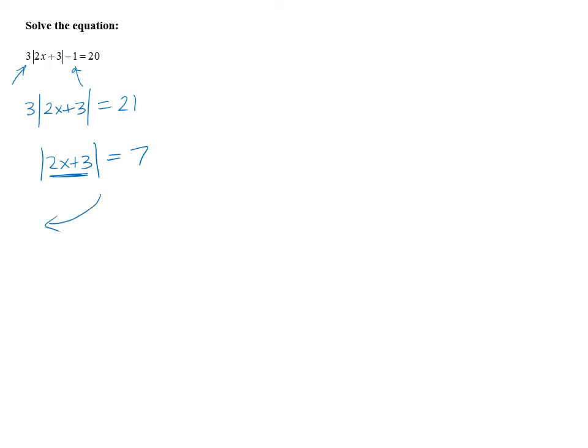You could go to the left side of the number line, and that would be -7, or you go to the right side, and that would be +7. Basically, you take the inside and set it equal to the positive and the negative of the constant on the right side. So we get these 2 simpler equations, with no absolute values left.